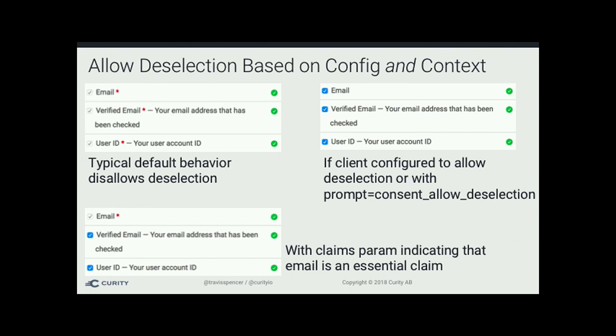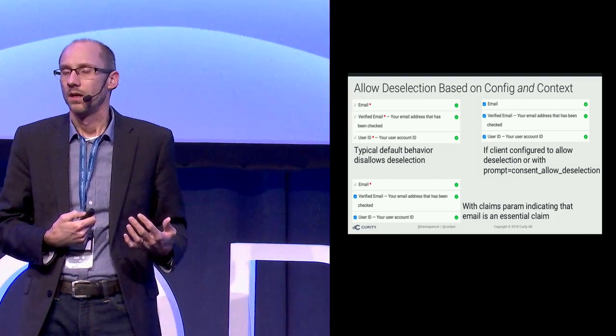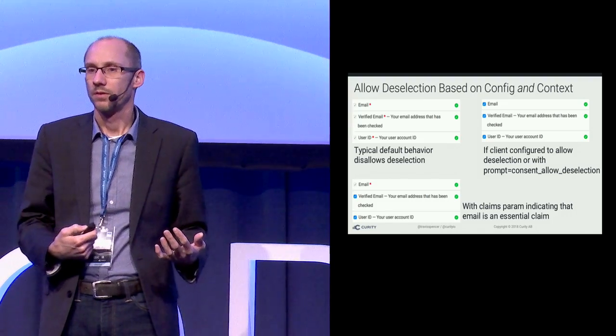Sometimes, though, they will be deselectable, and the user will be able to say, yeah, you can have access to my email, but not my verified one, and you can have access to my user ID. So you want to have the option to deselect that, and the deselection should be based on the OAuth client or the OpenID Connect client, or on the runtime behavior.